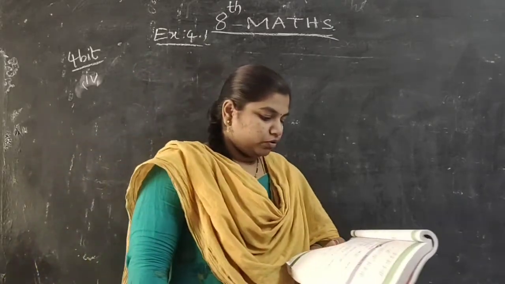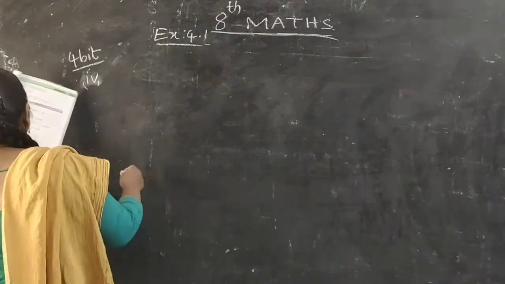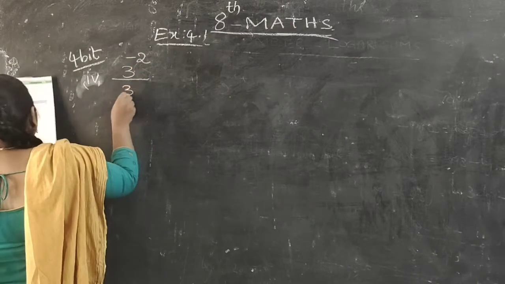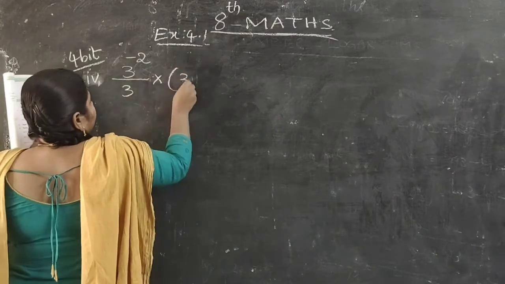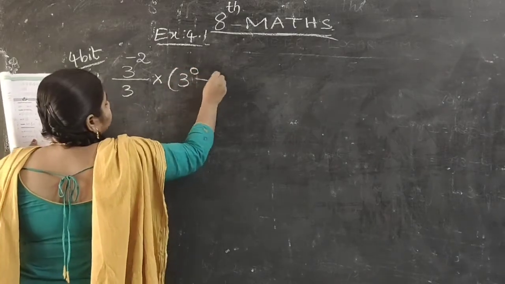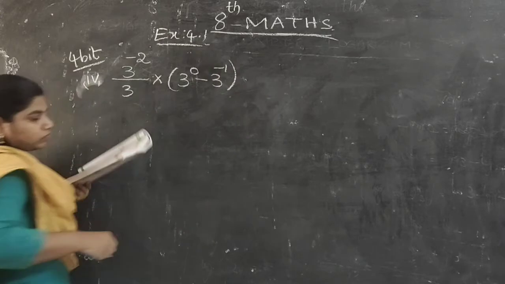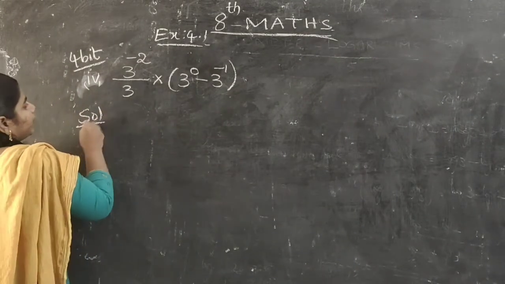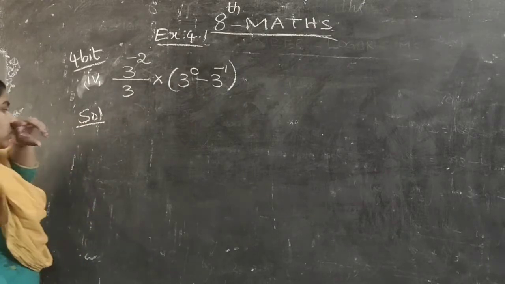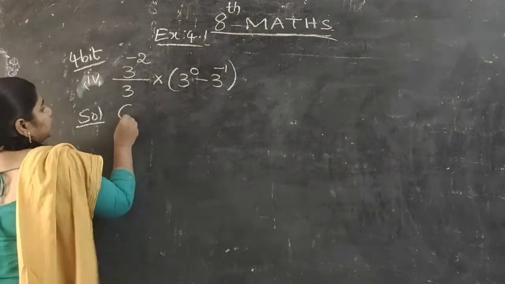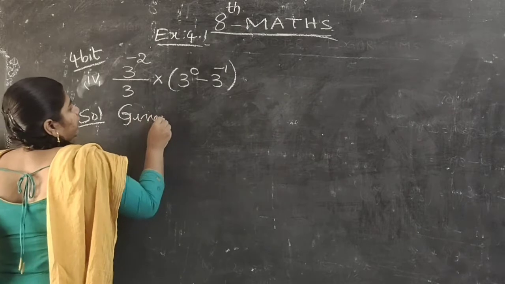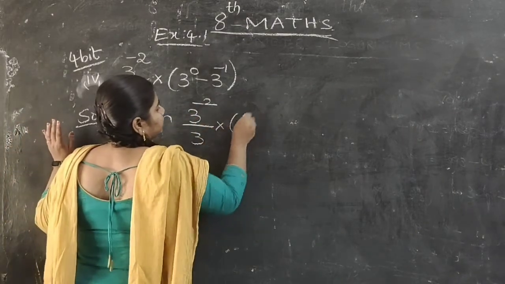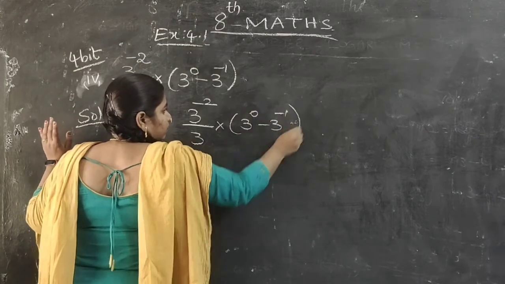So we are starting our fourth problem. It is 3 power minus 2 by 3 into 3 power 0 minus 3 power minus 1.